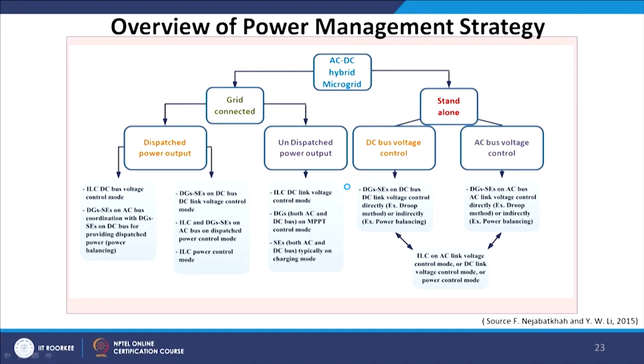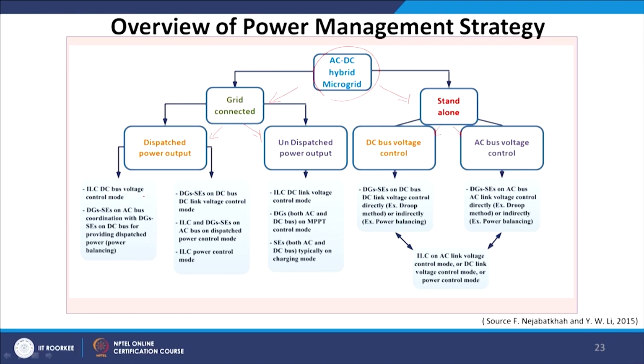So, we can just have a quick look with the block diagram. This is the grid, and it could be either grid connected or standalone, and the grid connected could be either dispatched power or undispatched as we discussed, and standalone could be DC bus voltage control or AC bus voltage control.